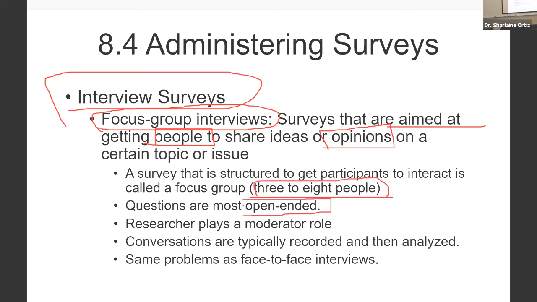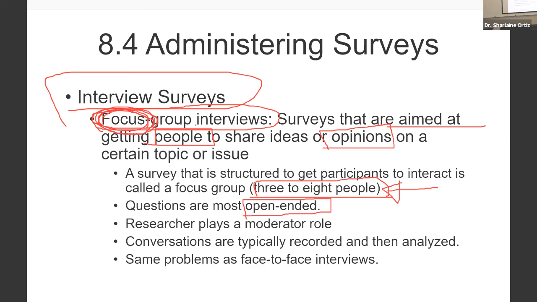And if you recall from earlier, open-ended questions are harder to interpret because they're open, there are many themes, they're not numeric. So of course, we don't want to have a million people answering. We want to be focused, aimed, targeted.